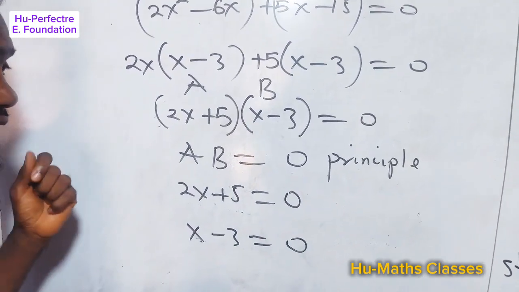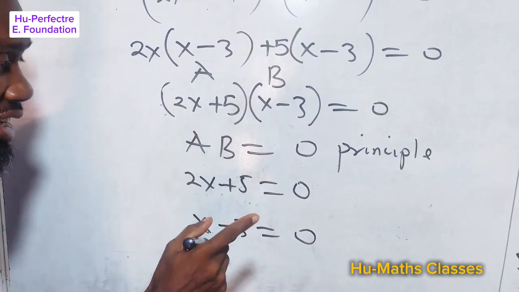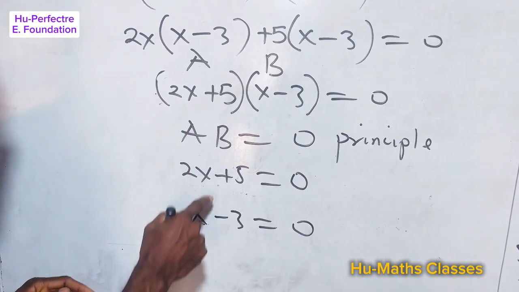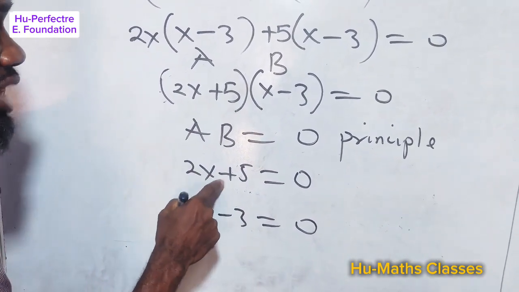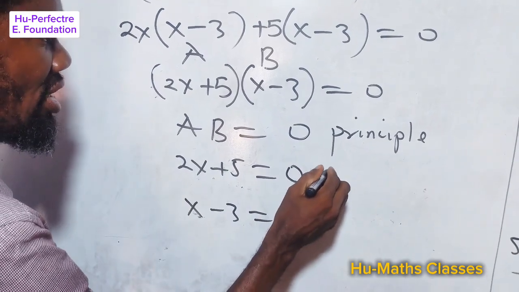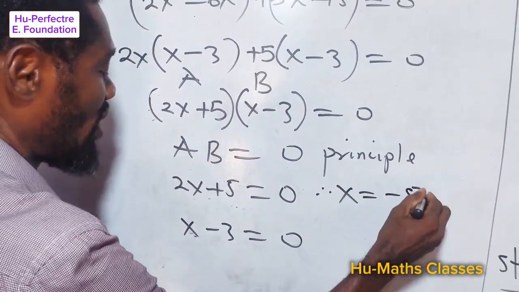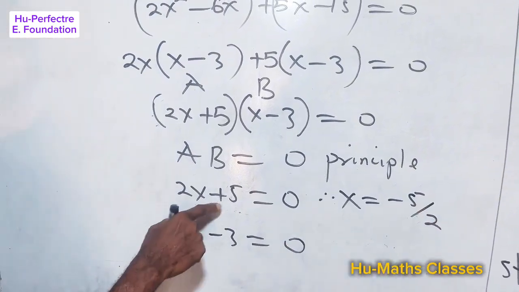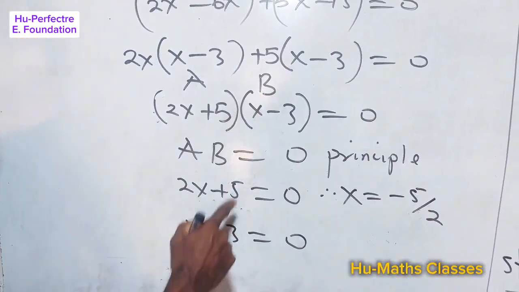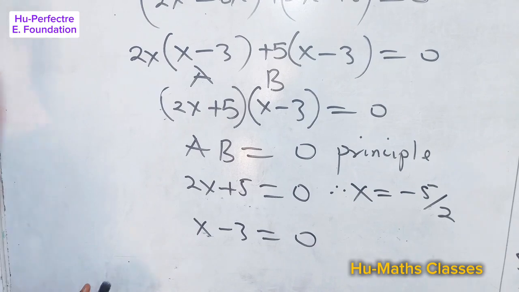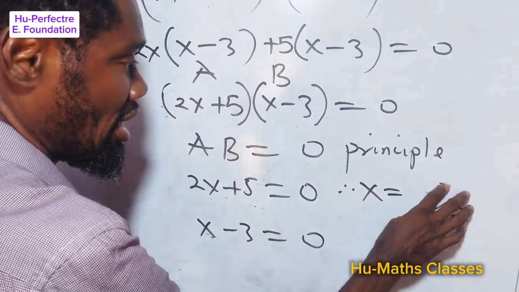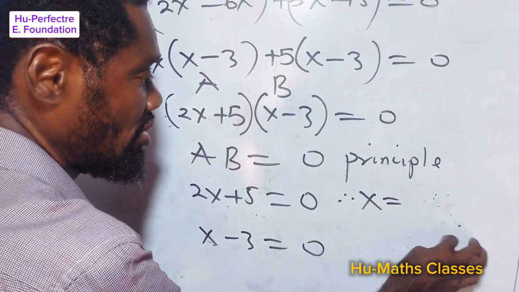Remember, I said in the previous class that h and t are the roots of the equation. So we're going to solve that here. 2x plus 5 is equal to 0. We'll be saying x alone is equal to minus 5 over 2. Of course, you know that 5 will be leaving to the other side, and that will become minus 5 over 2. Let me take it easily. Let me take it again easily so that you don't get confused in the course of studying.